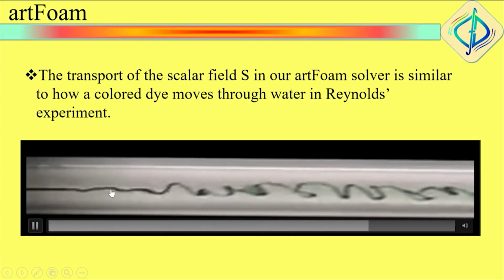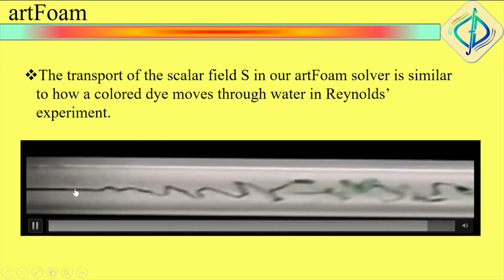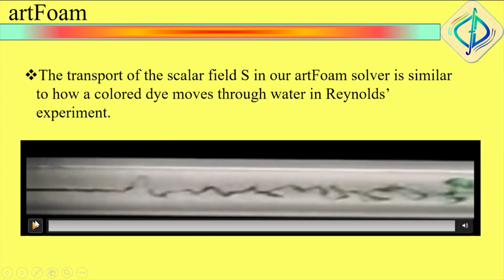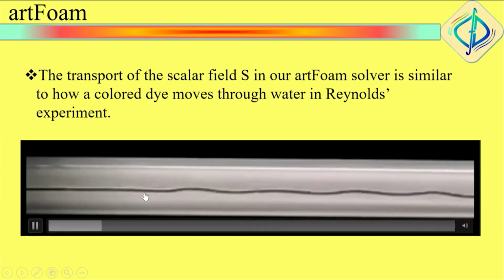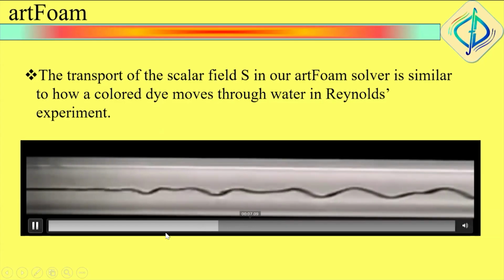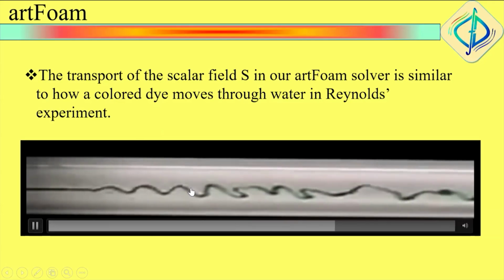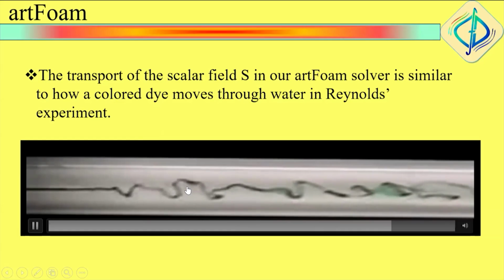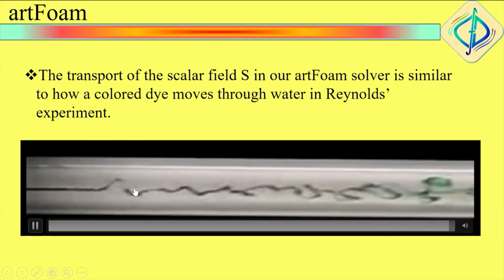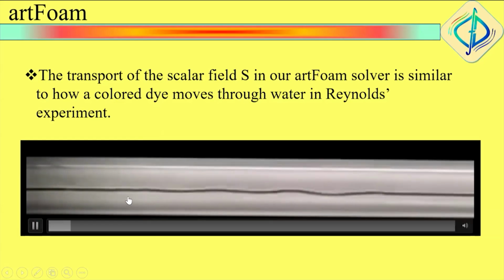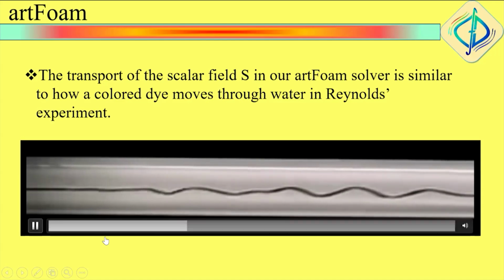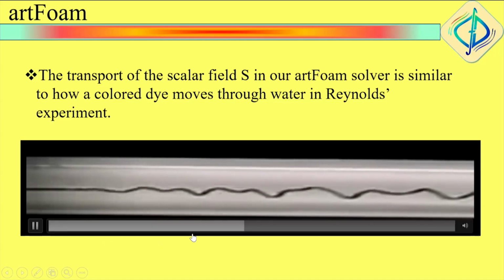We are just injecting a scalar and trying to see how the internal fluid is going to behave. It is exactly the same. The only thing is, we are going to implement it in the form of air residence in OpenFOAM. The only difference is we are injecting dye in this experiment, and in OpenFOAM we are custom writing source codes for it and visualizing it.